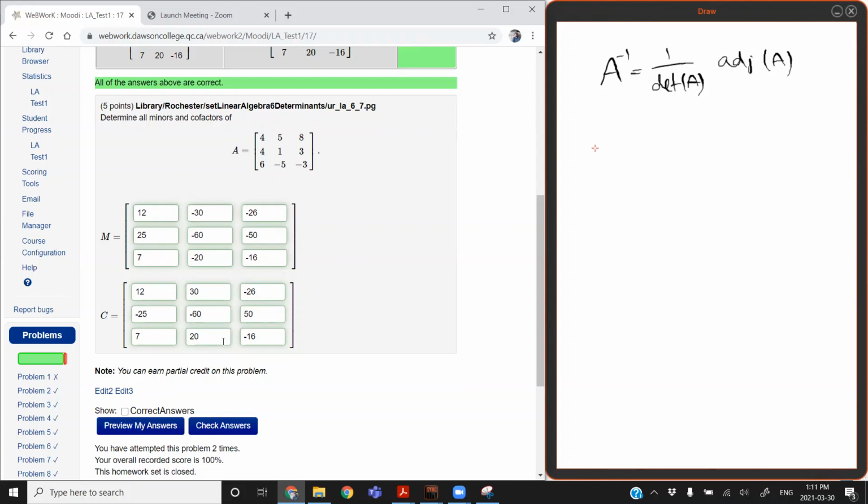So first I need to get the determinant of A. For that, I can use entries from one row and the corresponding cofactors from the same row. For example, if I'm using the first row, I get 4 times 12 plus 5 times 30 plus 8 times negative 26.